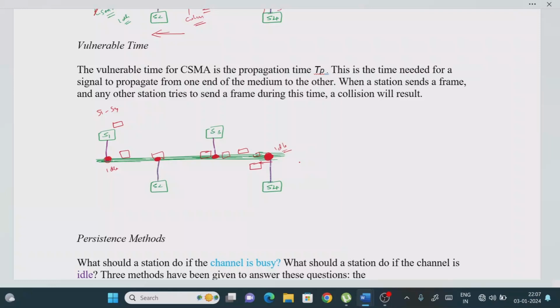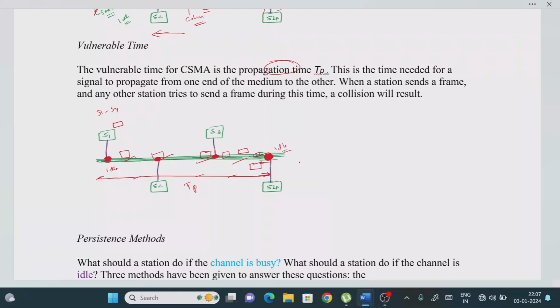Now what is the vulnerable time? First we need to understand the propagation time. Propagation time, Tp, is the amount of time a frame takes to reach from the transmitter to the receiver. Collision can occur anywhere.